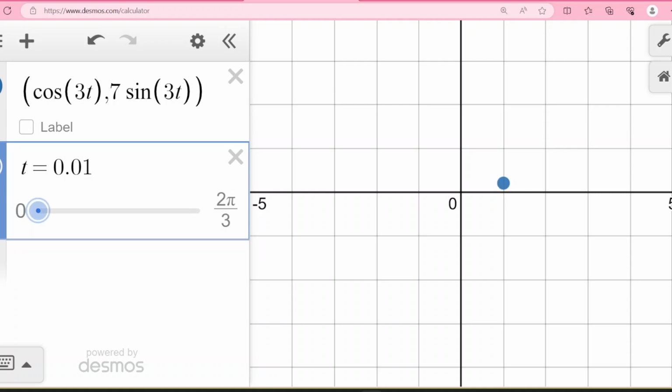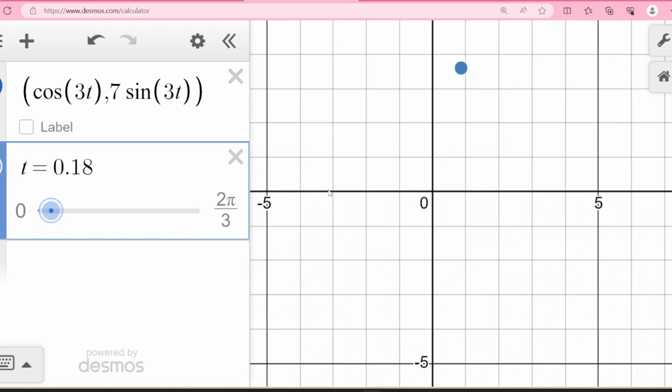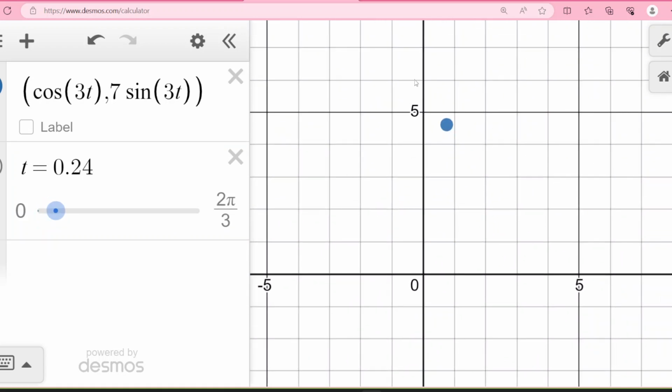So when I play this, see how the point is moving in a counterclockwise direction. I'll go up to 0, 7, all right? So we'd be tracing out this curve, and I'll draw the curve out in a second, the full curve. But you see that if I keep increasing the value of t, we're going along this ellipse in a counterclockwise direction.